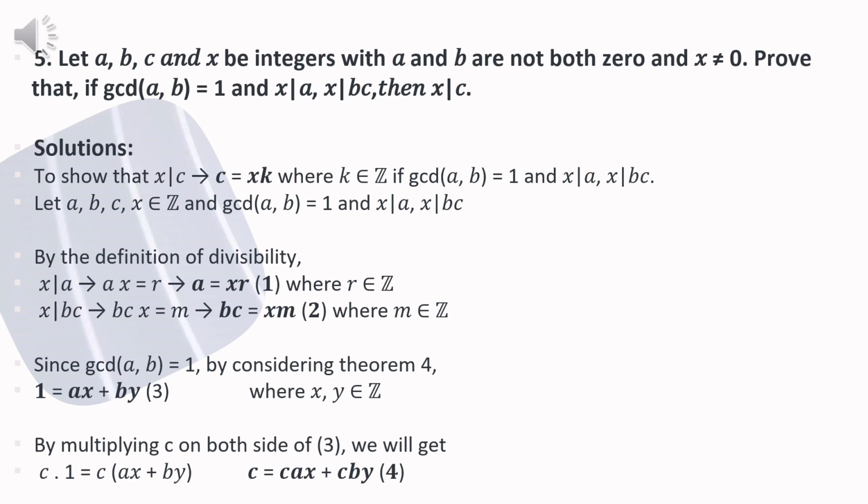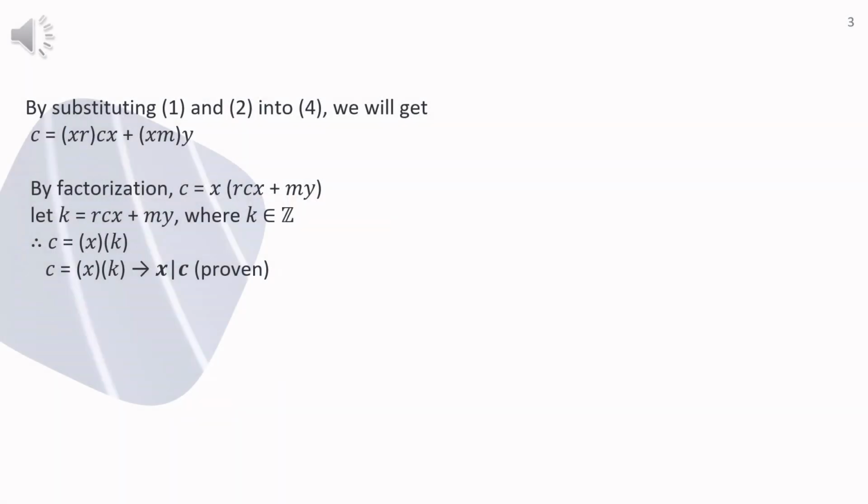So by multiplying C on both sides of the third equation, we will get C times 1 equals C times (Ax plus By), and C equals C times A times x plus C times B times y is the fourth equation.